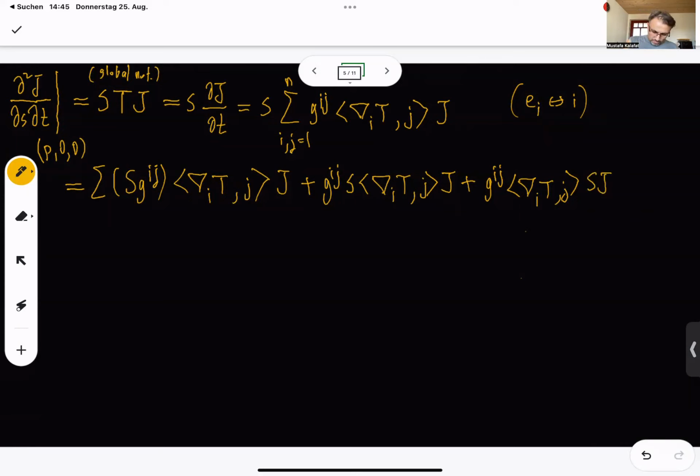And now we were in general coordinates till this time.